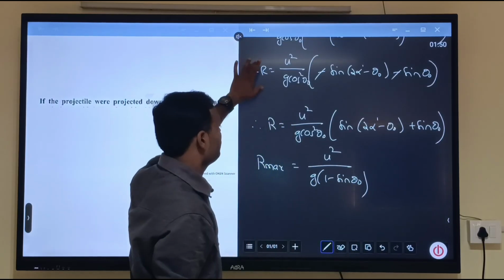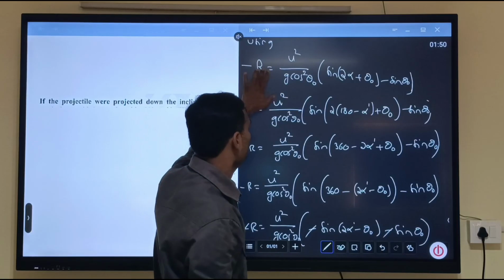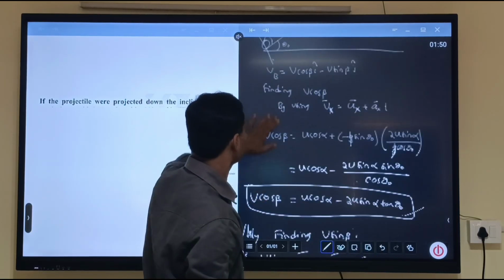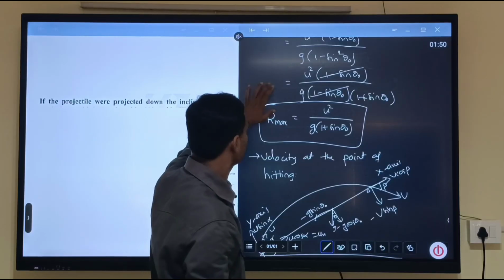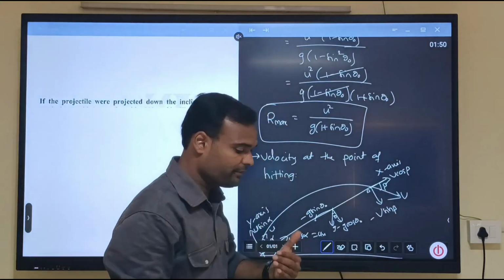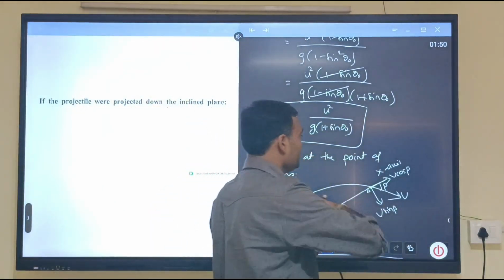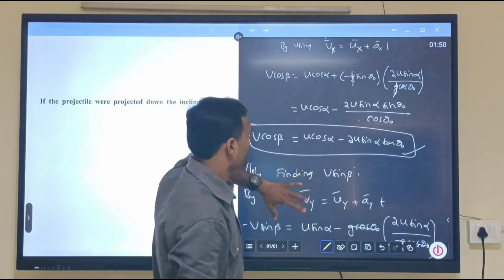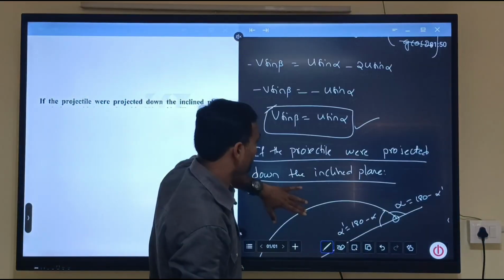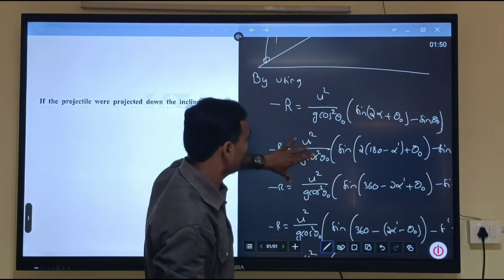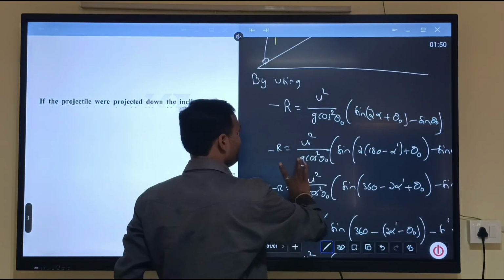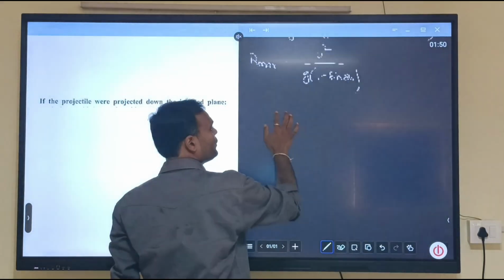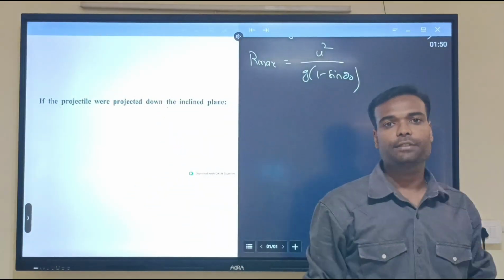Therefore, try to solve this one yourself. If you have any doubts or any problem in solving it, let me know. I will definitely try to explain how to solve it.